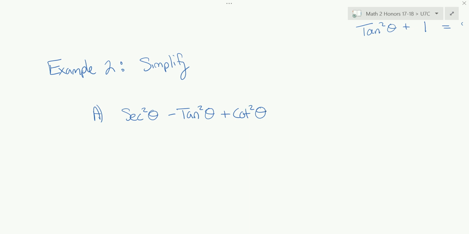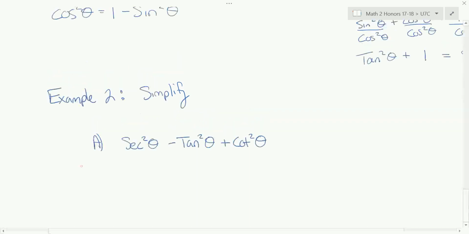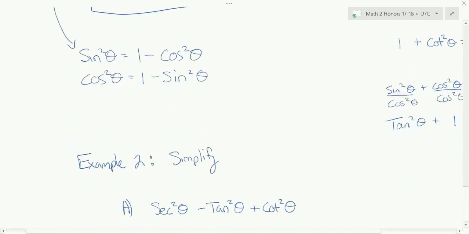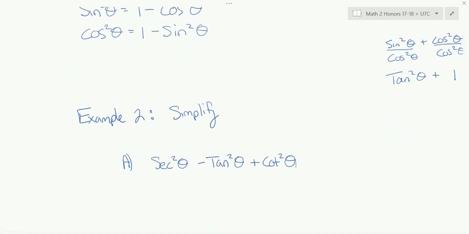So if you notice that you're working with things that have squares, like secant squared and tangent squared and cotangent squared, and if you see plus signs or minus signs, so there's more than one term, that gives you a clue that I might need to think about these trigonometric identities. Okay, so I want you to look at those trigonometric identities and see if you can apply any of those to this problem to simplify it maybe a little bit.